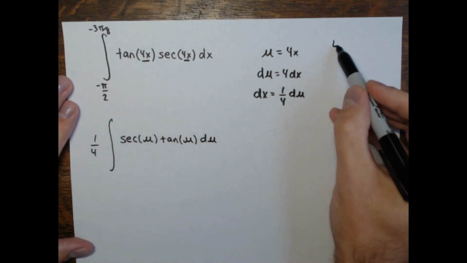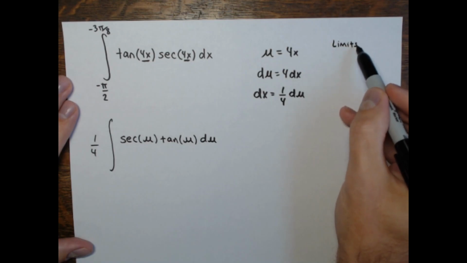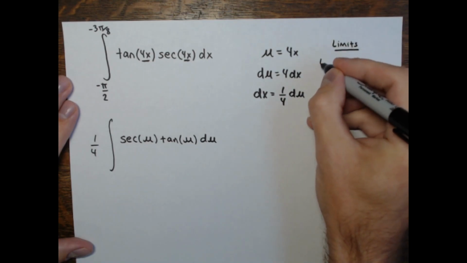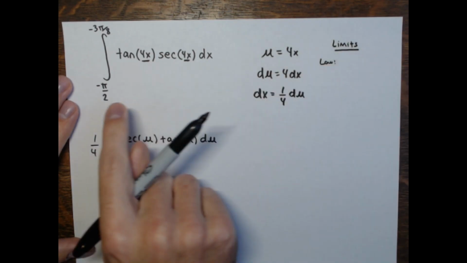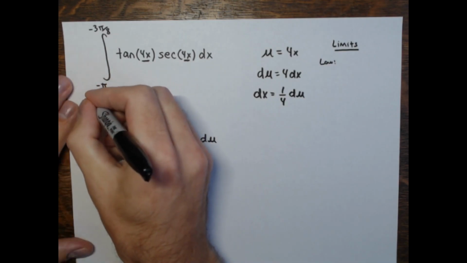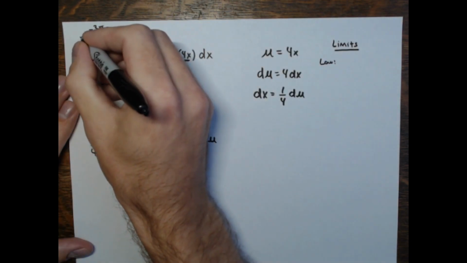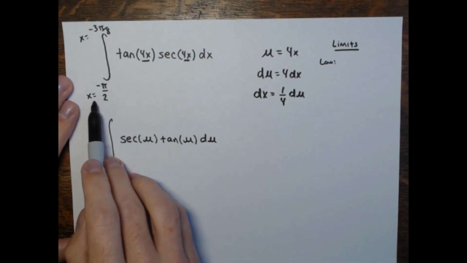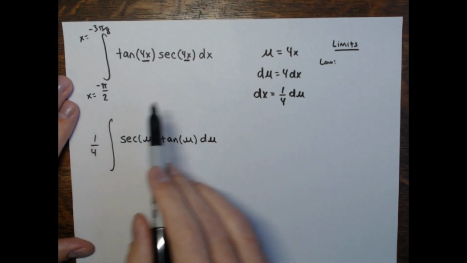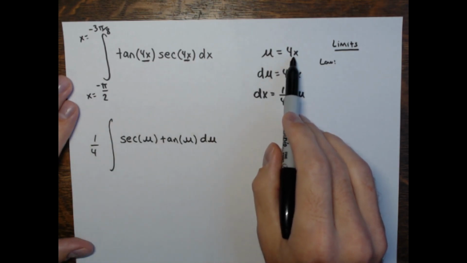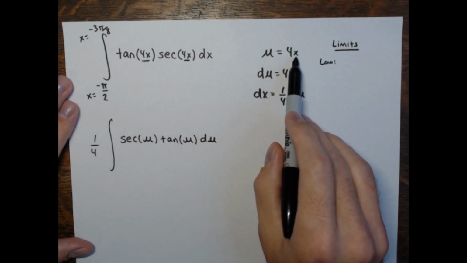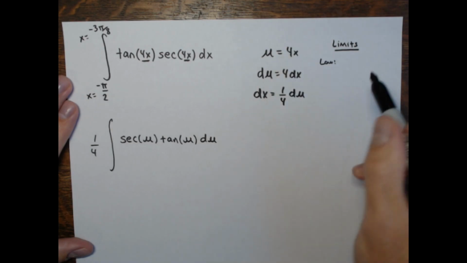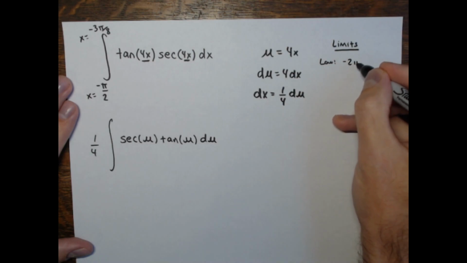Now the limits, I can also change. When you make substitutions, you can change the limits. The original lower limit was x equals negative pi over 2, and x equals negative 3 pi over 8 was the original upper limit. If x is negative pi over 2, then u would be 4 times negative pi over 2, so negative 4 pi over 2 or negative 2 pi.